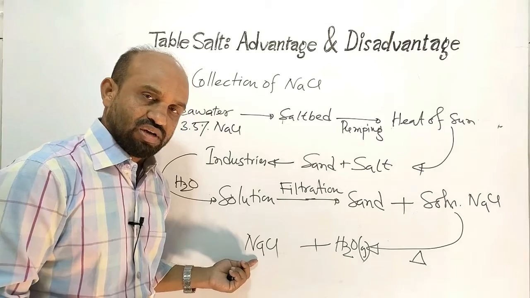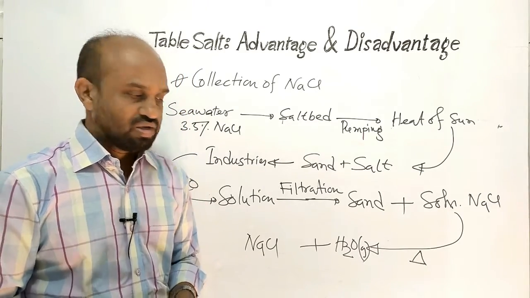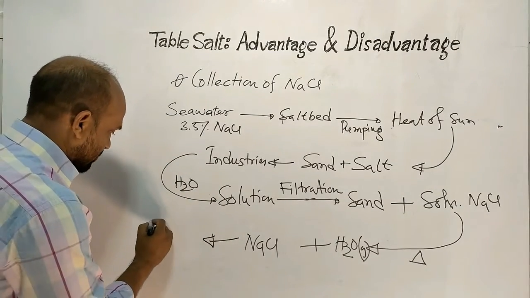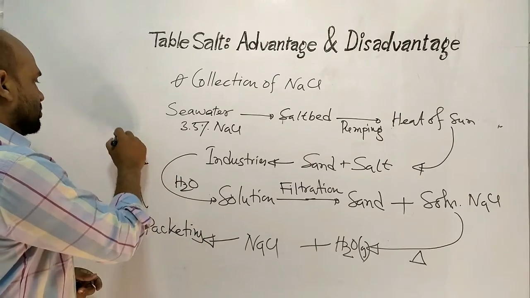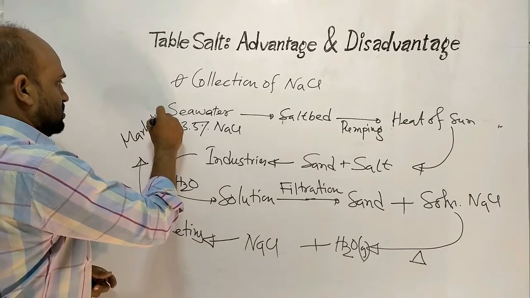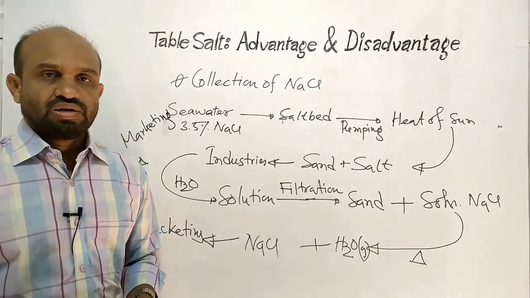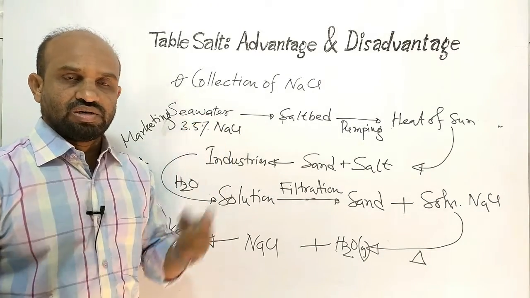So in this way we can collect sodium chloride from seawater. Now this sodium chloride is packaged and marketed. So in this way we can get sodium chloride from seawater.